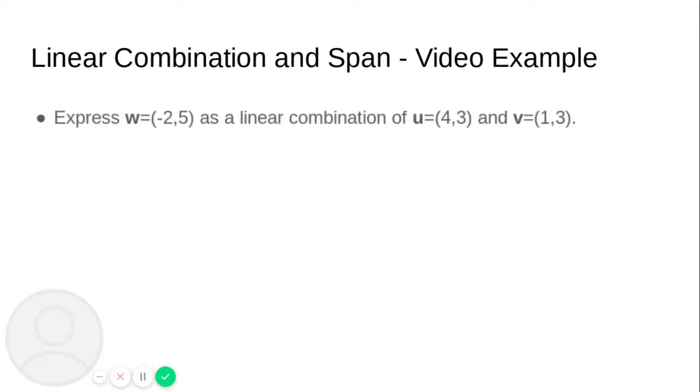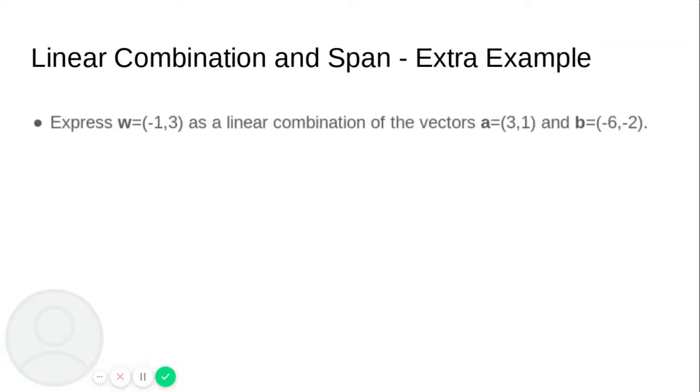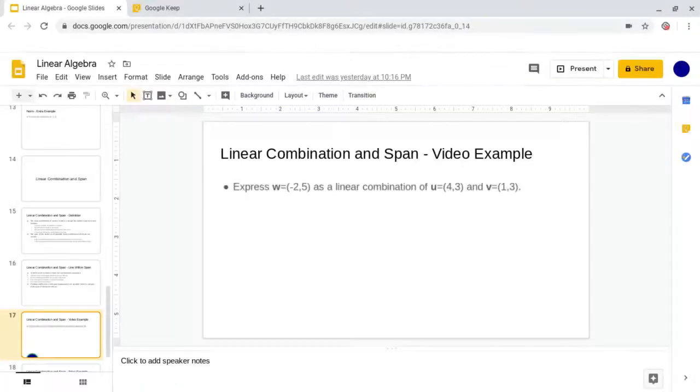So we're going to go through this video example here. We want to express w as a linear combination of u and v, and same thing or similar concept for the extra example as well, which will be linked. So we'll go ahead and do an example. w is -2, 5. u is 4, 3.